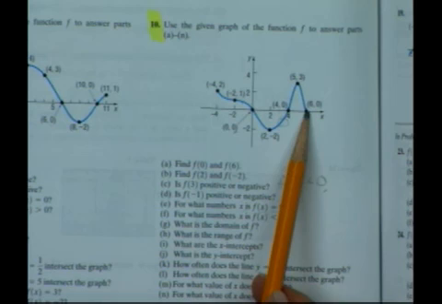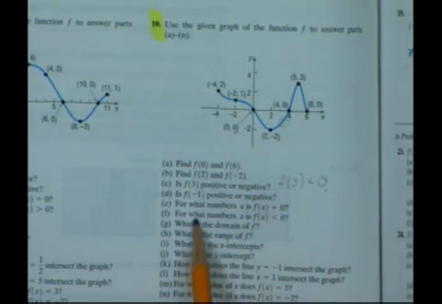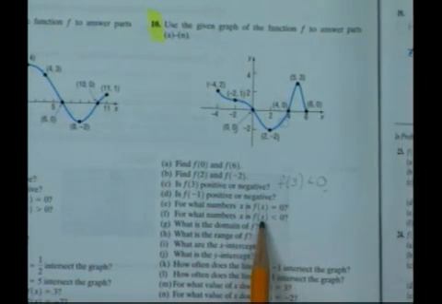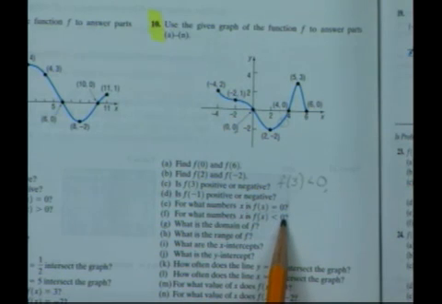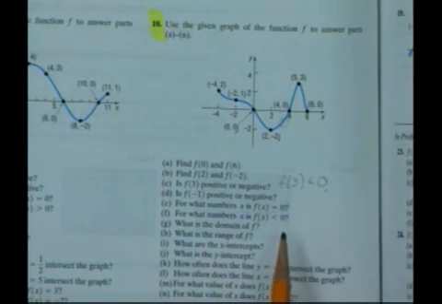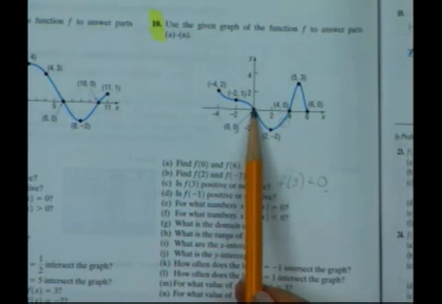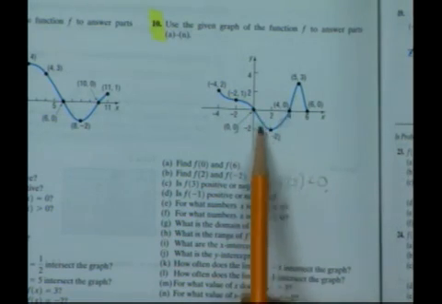Everybody got it? Okay. For what numbers or values of x is f of x less than 0? Greater than 0 and less than 4. So we're agreeing that between 0 and 4, all the y values are negative.